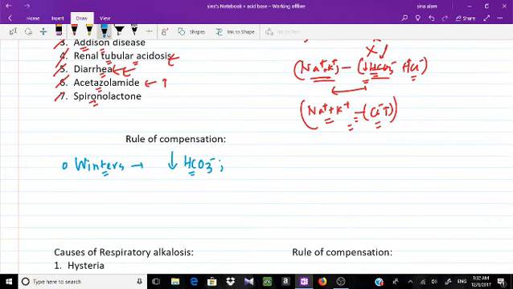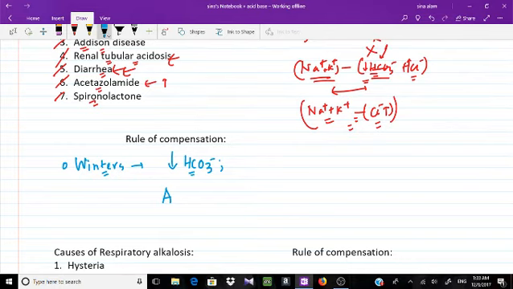So when there is metabolic acidosis, the bicarbonate goes down and there will be a decrease in carbon dioxide level. When the carbon dioxide goes down, there will be a respiratory alkalosis condition, and that will try to compensate your metabolic acidosis condition.